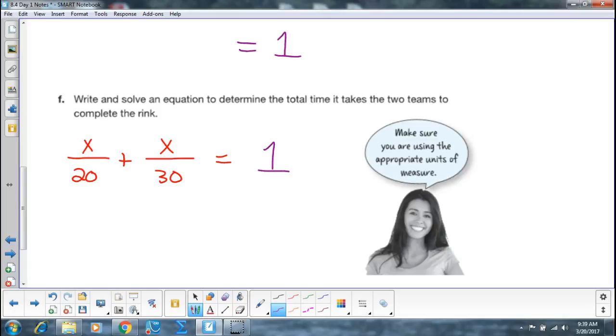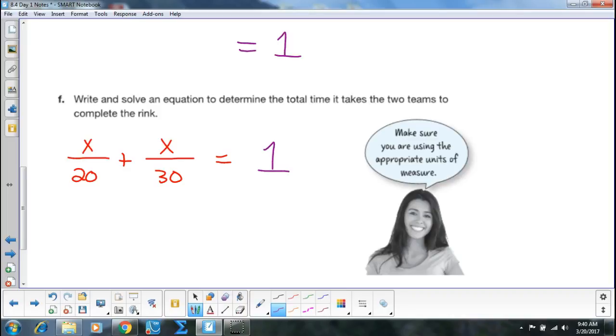And that works if you're in the same units of measure. Let's go back to the room painting. Let's say I could paint this room in 90 minutes, and Megan can paint this room in 3 hours. I wouldn't go with x over 90 plus x over 3 because they're different units.